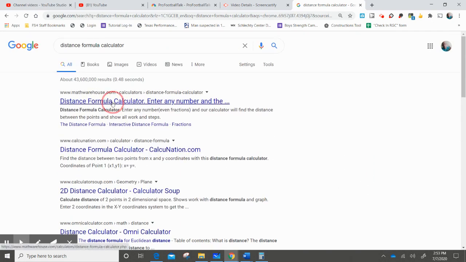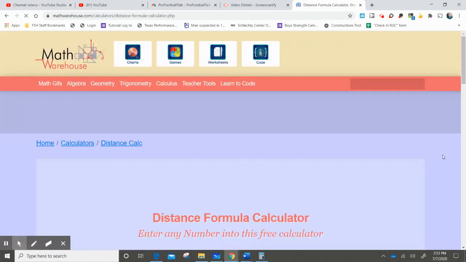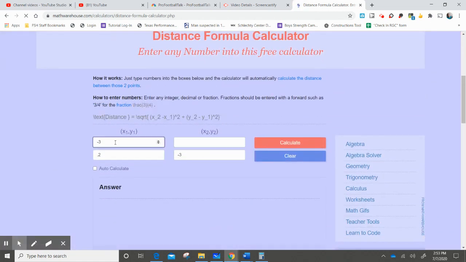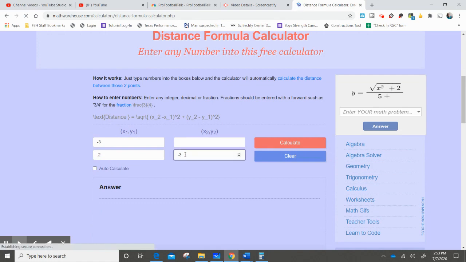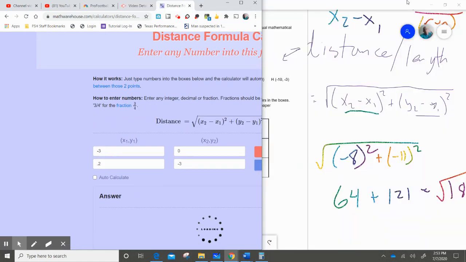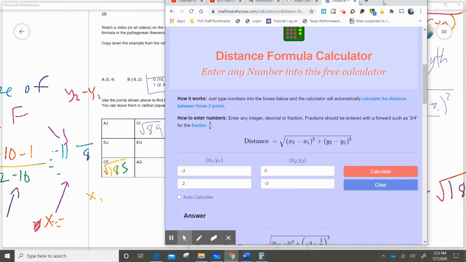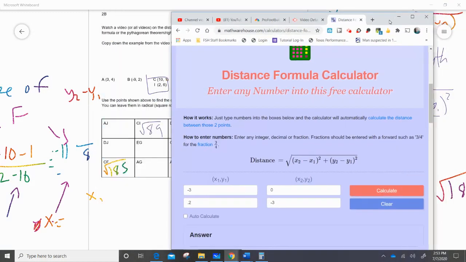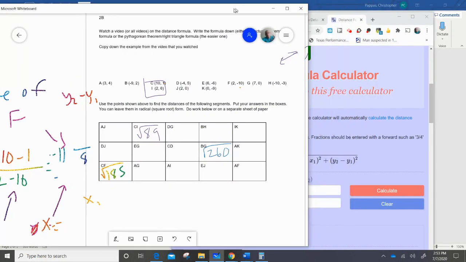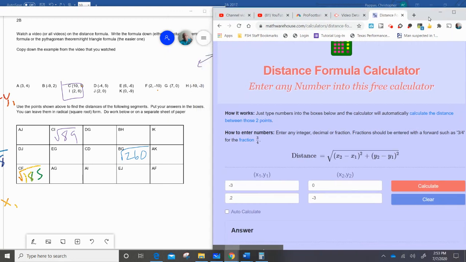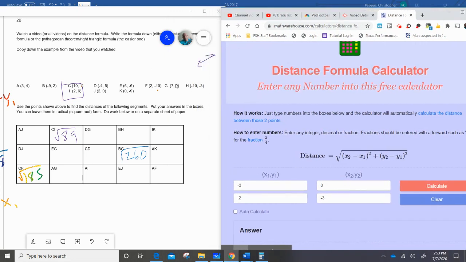I think it was the Math Warehouse one. We plug in our x1, y1, and our x2, y2, and it will calculate it for us, so we can see if we're right. Let's go to CF again.